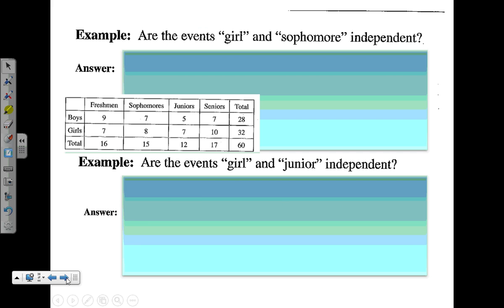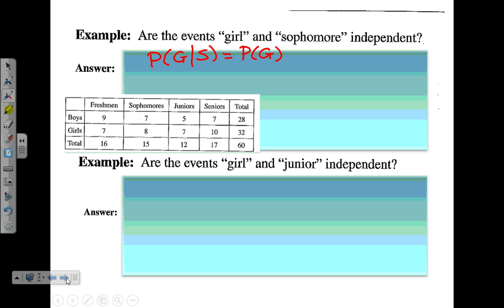So this next question says, are these same two events, being a girl and a sophomore, independent of each other? We already found these. The probability we're trying to check of being a girl, given that you're a sophomore, is that equal to just the probability of being a girl?